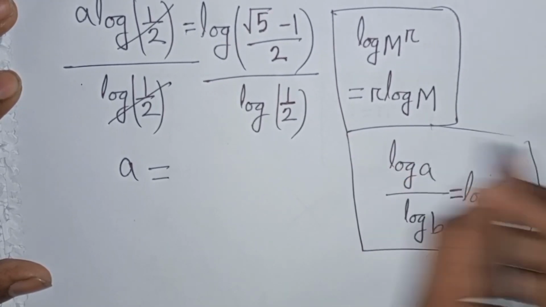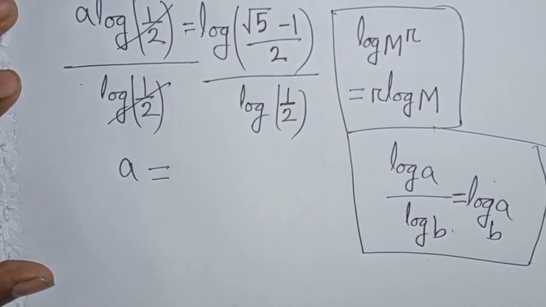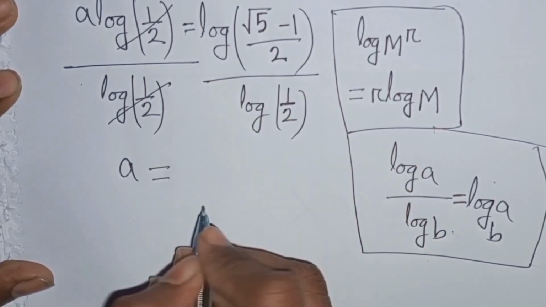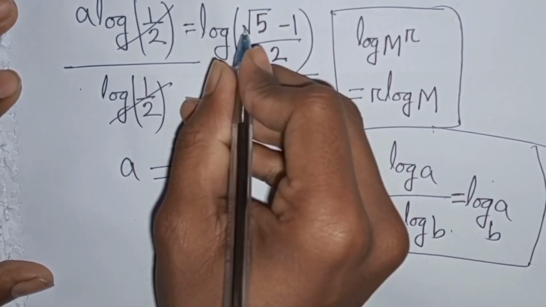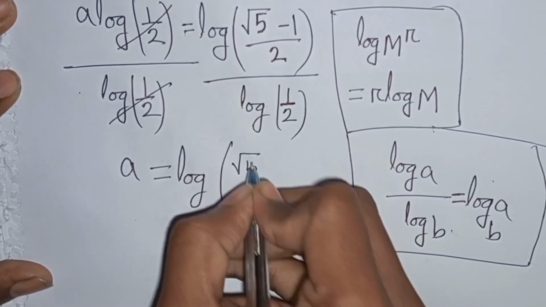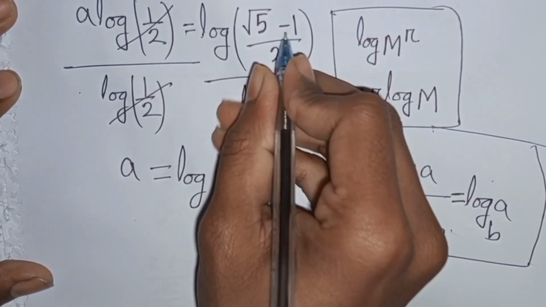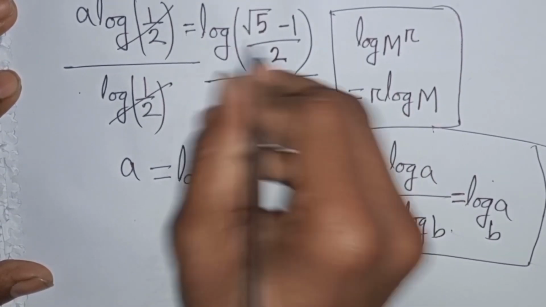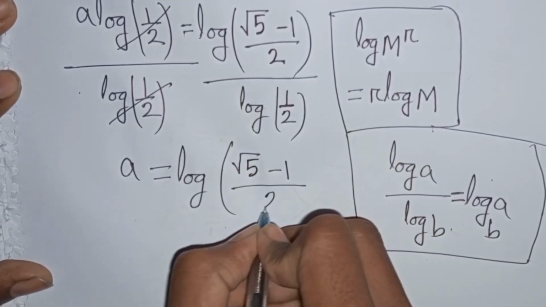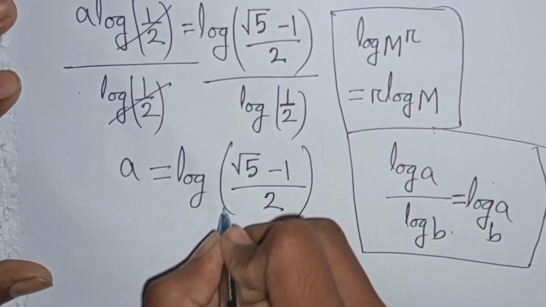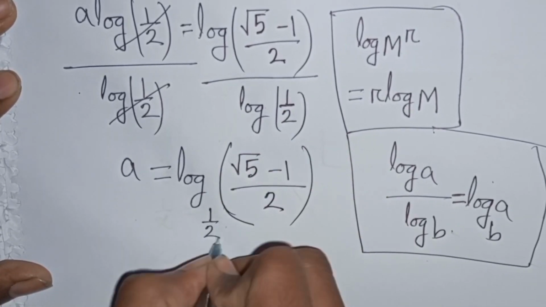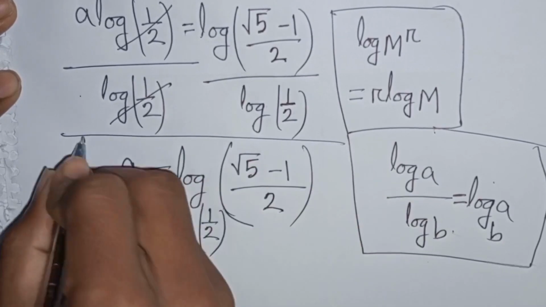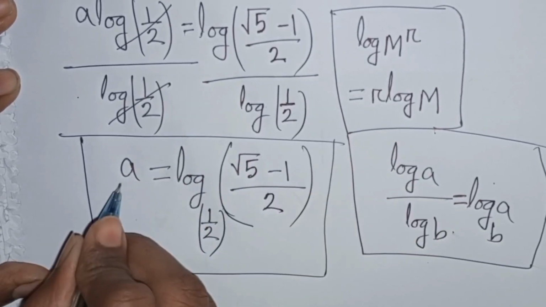So according to this formula, it will be log of square root of 5 minus 1 over 2, base 1 by 2.